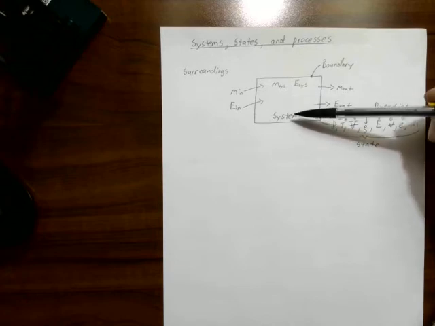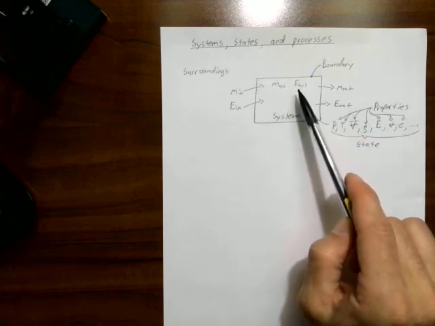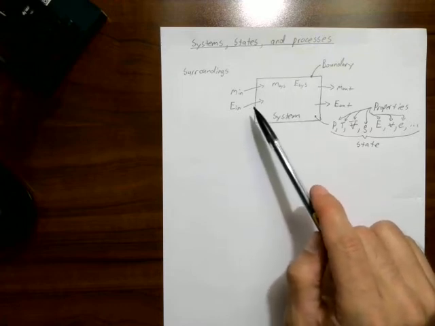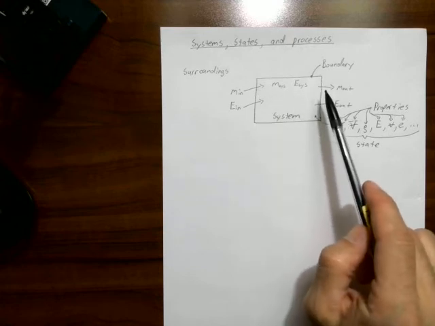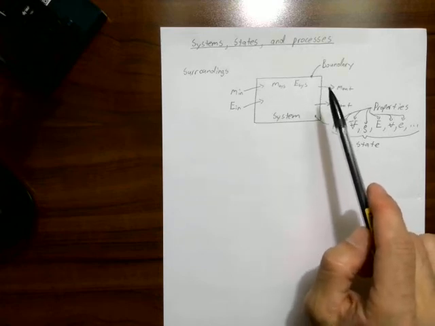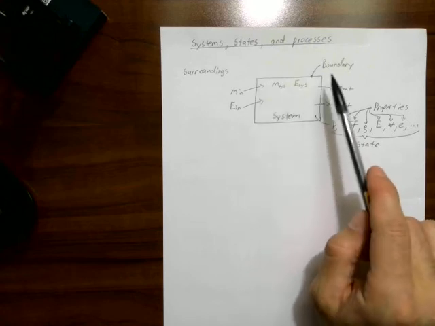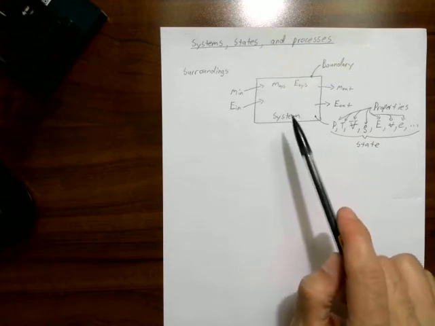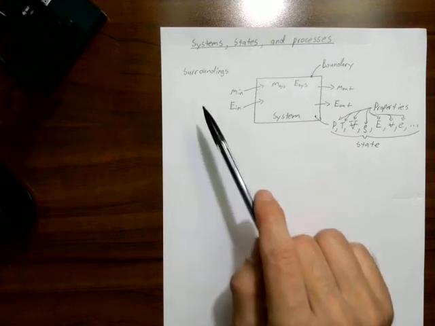That system is going to have properties. It could have the total mass of the system, say, or the total energy in the system. And the mass and energy can only enter or leave the system by crossing the boundary. So we've established the region of space or the device that we're talking about, and we've distinguished between it and what we call the surroundings, which is everything else.